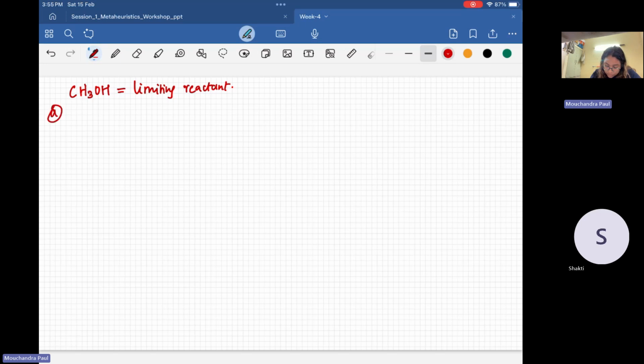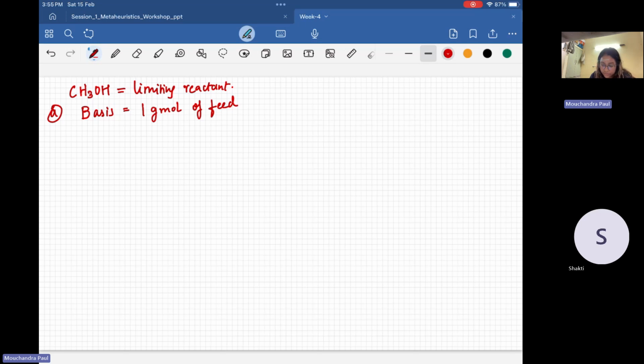Before we start solving part 1, let's take a basis of 1 gram mole of feed. Let's take an arbitrary basis of 1 so that we can do the calculations much more easily.